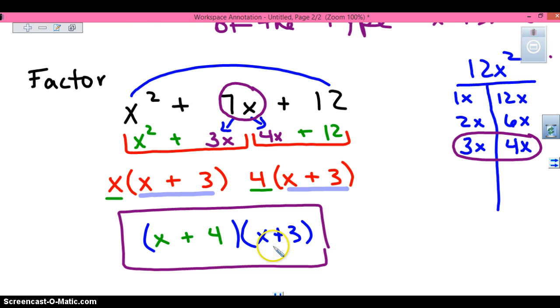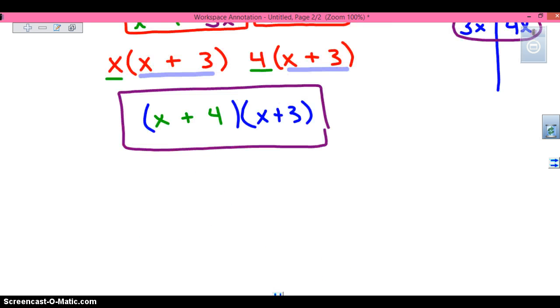To check my factoring, I can distribute, and let's check if I get my trinomial.